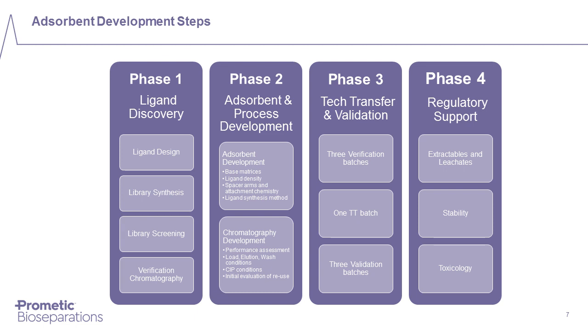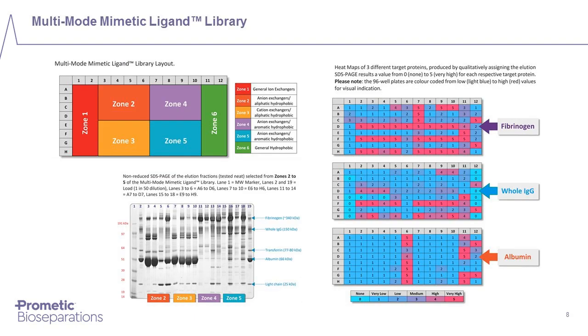And MMM plates stand for multi-mode mimetic ligand plates. Those are small libraries, 96 well plates essentially. So they are micro columns, about 250 microliters of each one of the adsorbents, that cover a relatively vast chemical space.